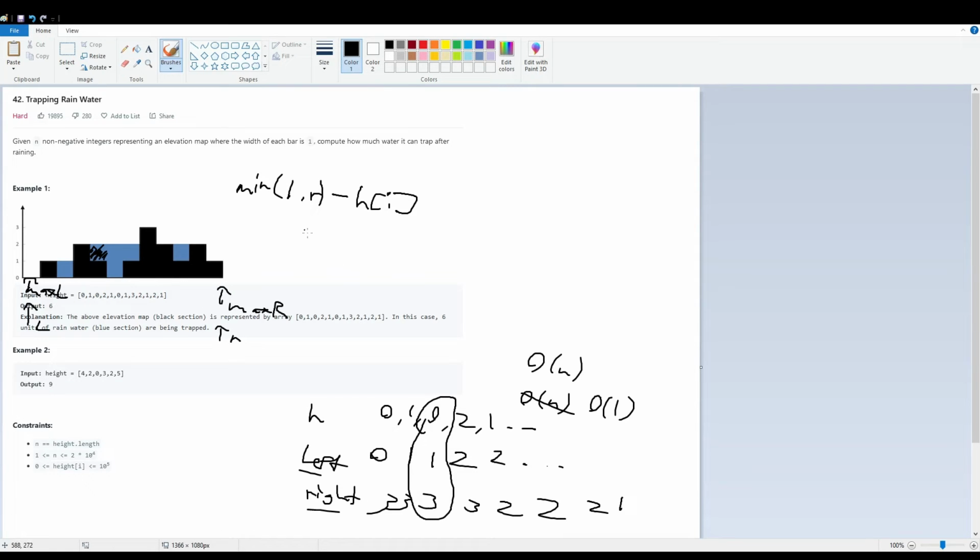And then we're going to use this formula, or actually we're not going to use this formula. Since we already know this guy is smaller, this is going to be the limiting edge.